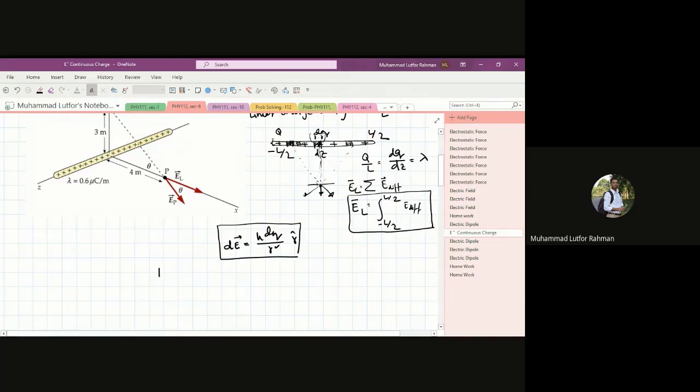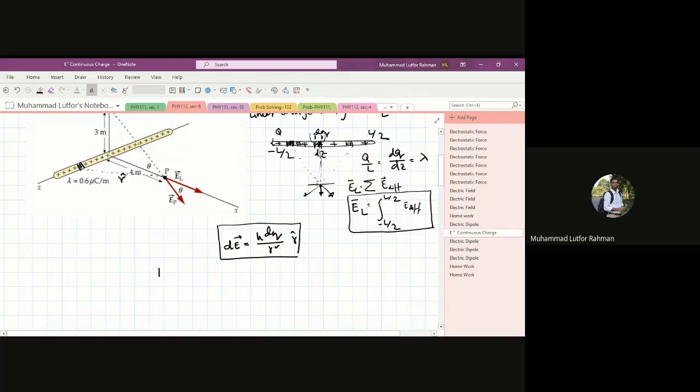In the figure, we can also see that. I choose this as the differential element, and for this differential element I'm going to find the electric field over there. This will be the case, and this is actually my r vector, r hat. r hat will be towards that direction. Fine.